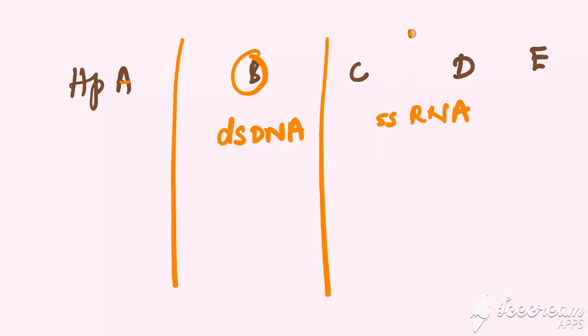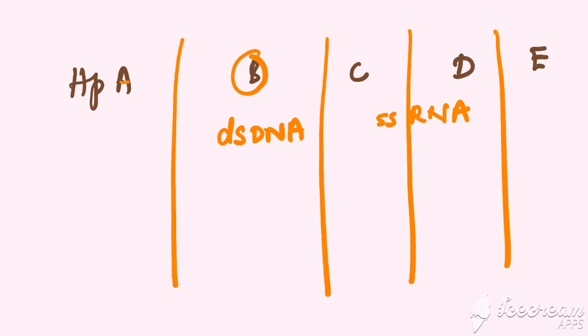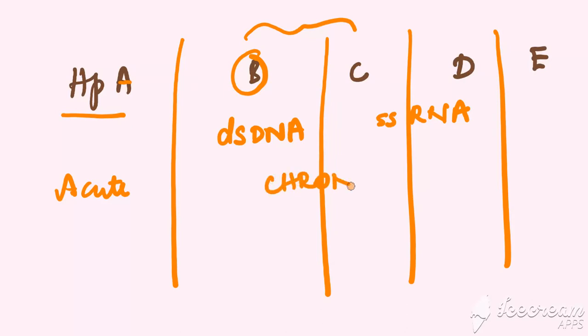Apart from that, each one has a specific mode of transmission and certain specific features. Hepatitis A usually causes acute hepatitis, whereas B and C are involved in the causation of chronic hepatitis, and C is one of the most common causes of chronic hepatitis. This you should remember.